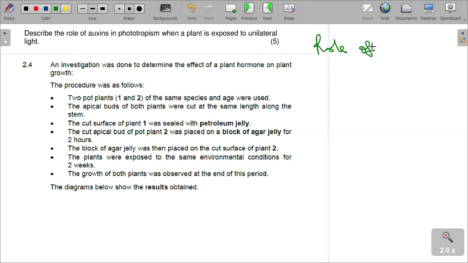Role of auxins in phototropism, that is on unilateral light.